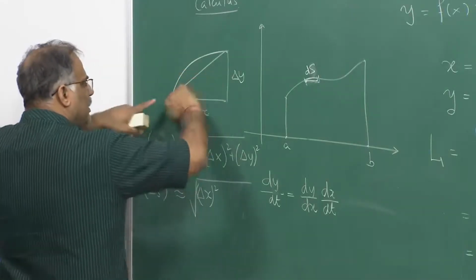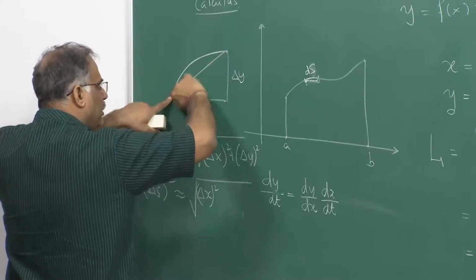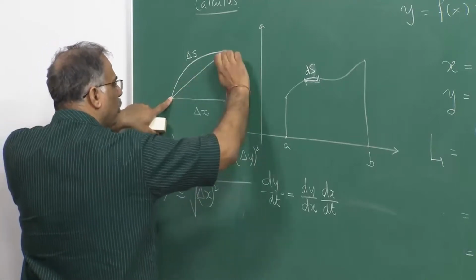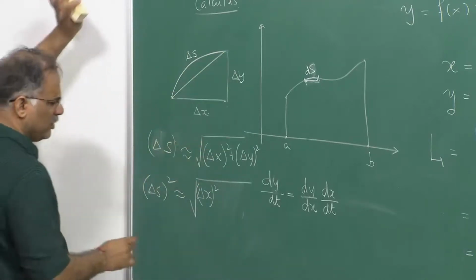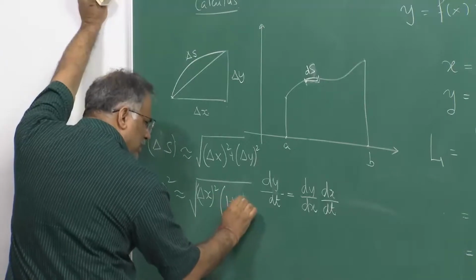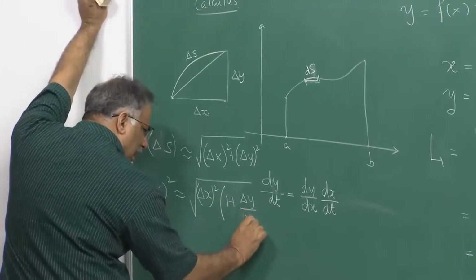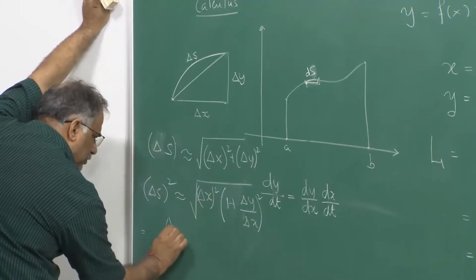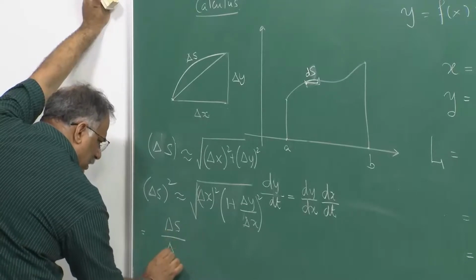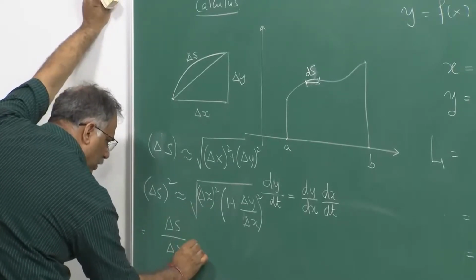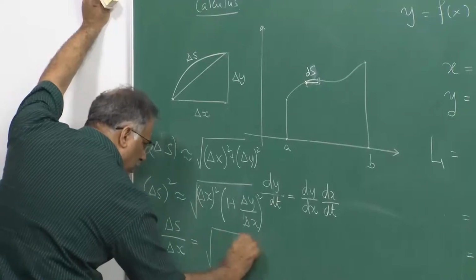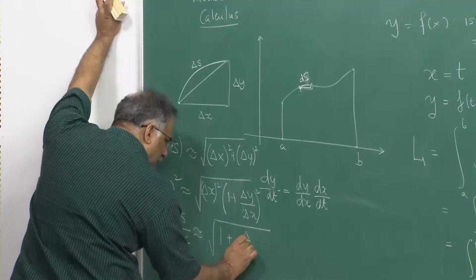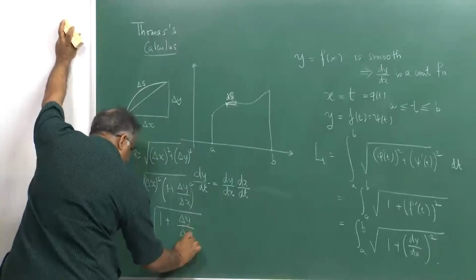So, this is actually what you are approximating, del s by this hypotenuse. So, del s is approximately this: root over del x square into 1 plus (del y by del x) whole square. So, you bring del x out, you take the square out, and del s by del x is approximately root over 1 plus (del y by del x) whole square.